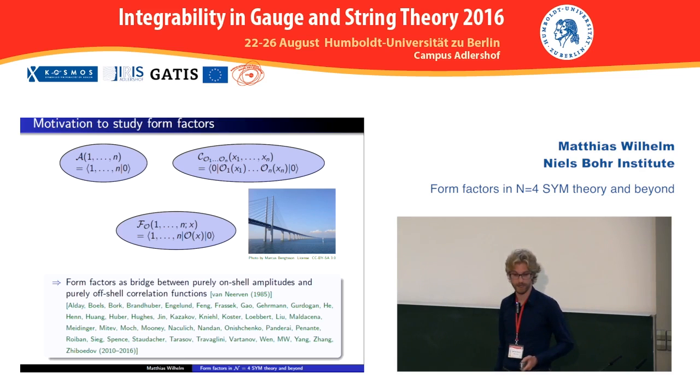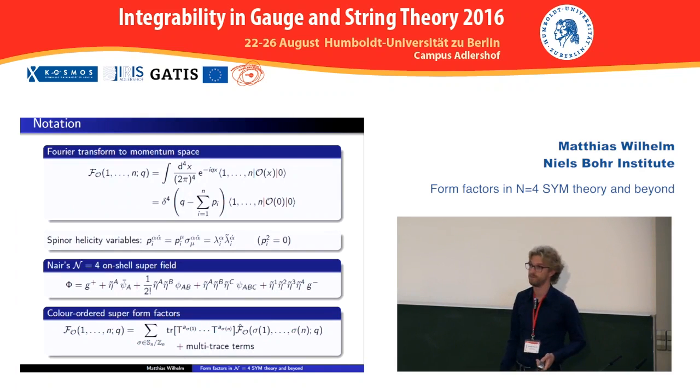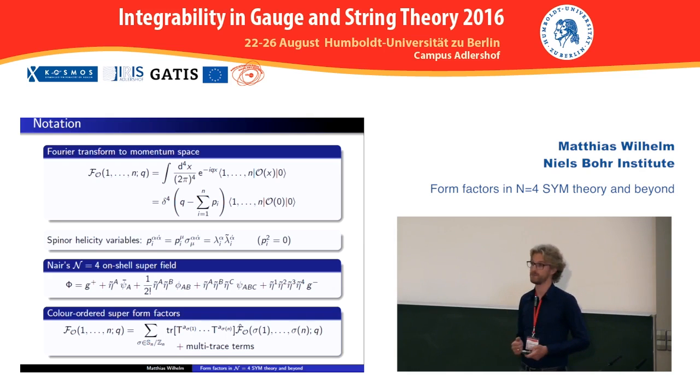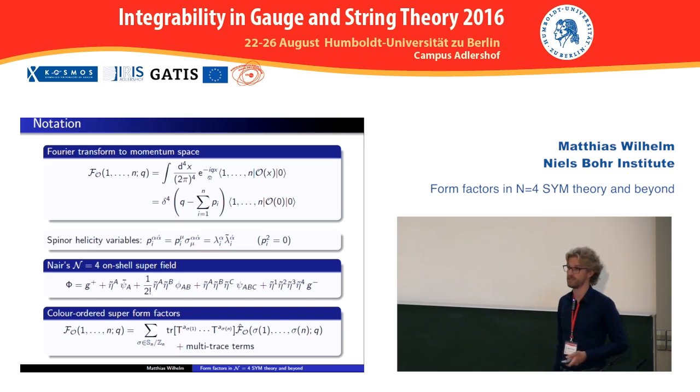Let me start by introducing some notation. In order to apply the powerful on-shell methods that were developed for the study of scattering amplitudes, we first go to momentum space. We take a Fourier transformation to exchange the position x of the operator for a momentum q, which is off-shell as it does not square to 0.